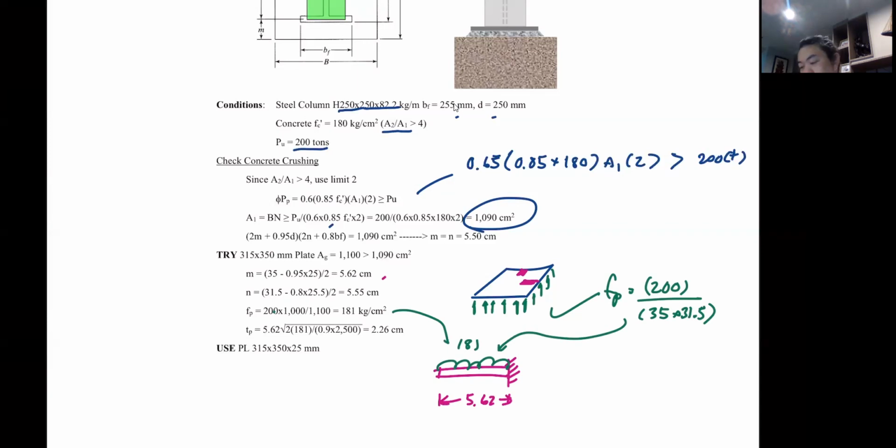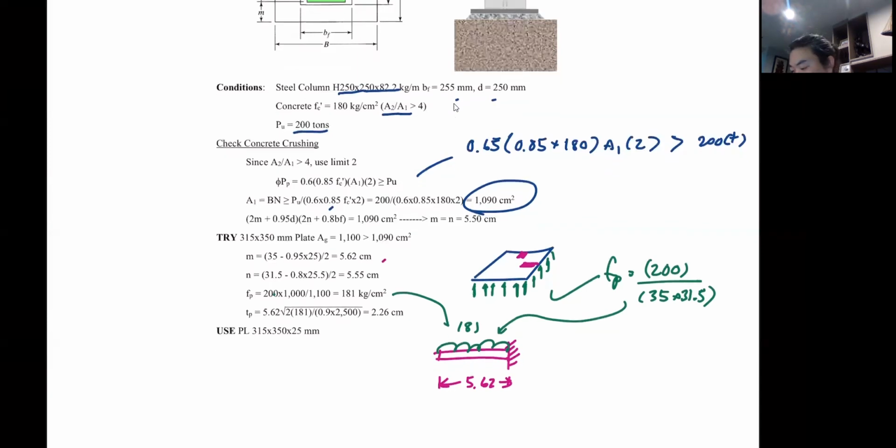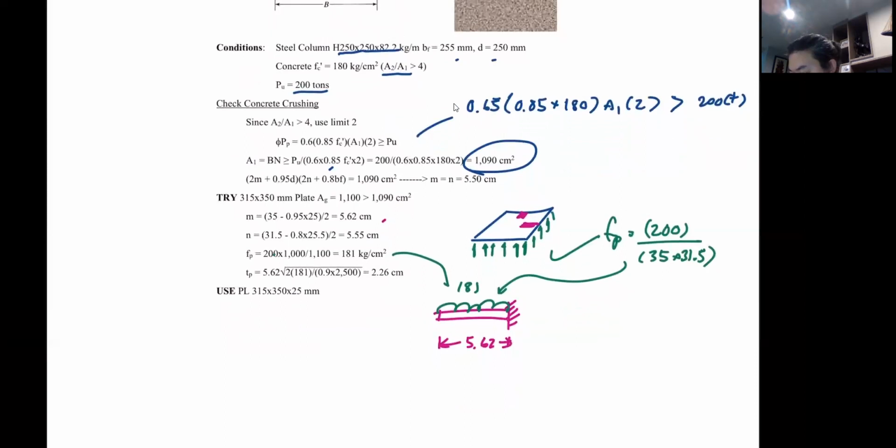Now you just go on and calculate it. The moment is 181 times 5.62 squared over 2. This cannot be greater than, again this is LRFD perhaps, 0.9 Fy times the plastic section modulus of the plate, which is 1 times TP squared over 4. That's it.